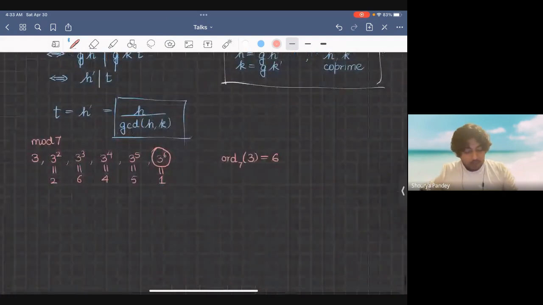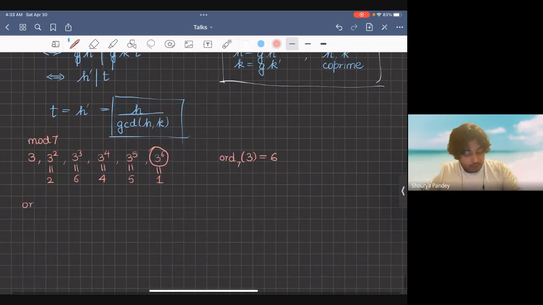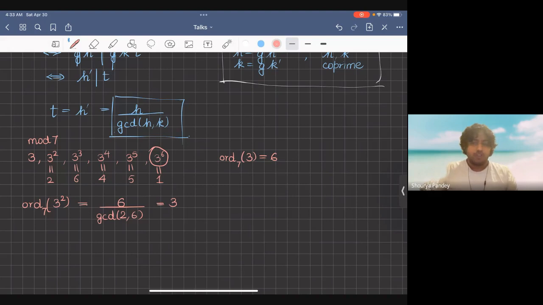So what would the order of 3 square be? We have this formula, by the way, which we can directly apply, which gives 3, but we can also think of it logically. If I'm looking at 3 square, then if I square it, I get here, and if I cube 3 square, I get here.